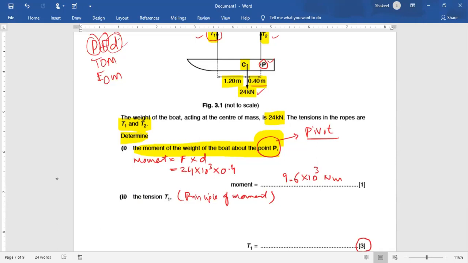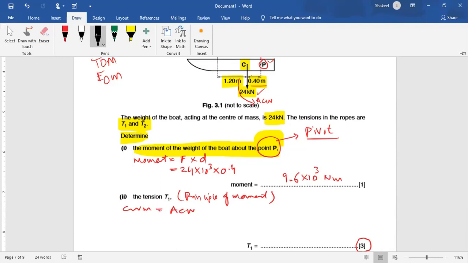And type of moment, we'll see that T1 is producing a clockwise moment, and this 24 kilonewton is producing moment in anti-clockwise. And T2 is not producing any moment because it is passing through the pivot. Okay, so we will say that over here, clockwise moment is equal to anti-clockwise moment.